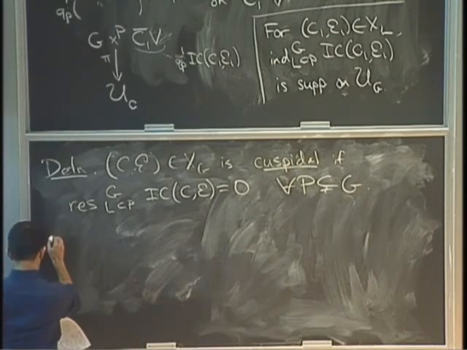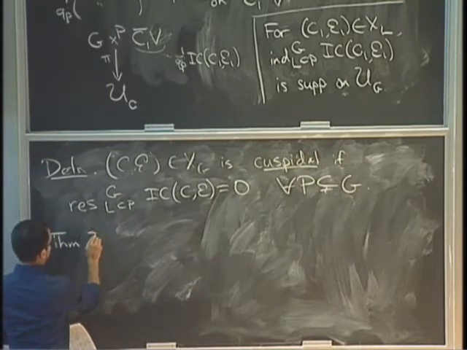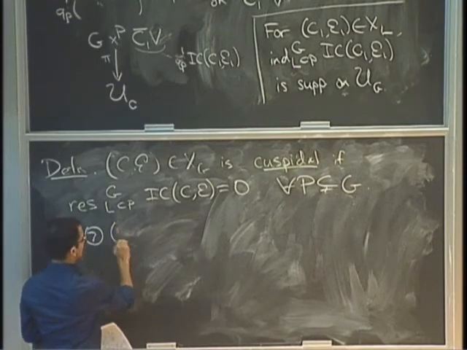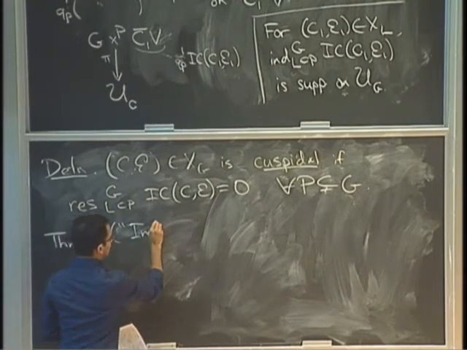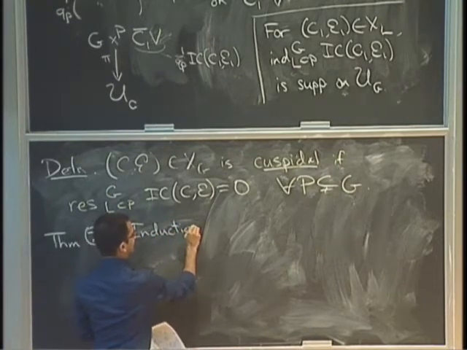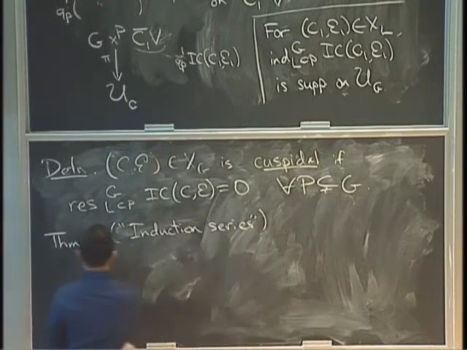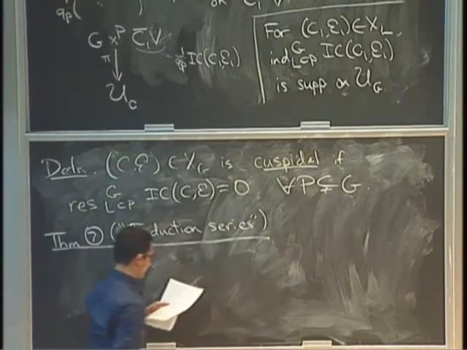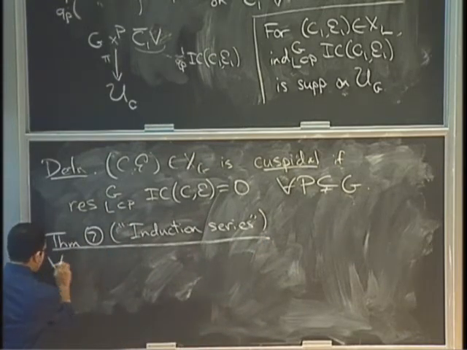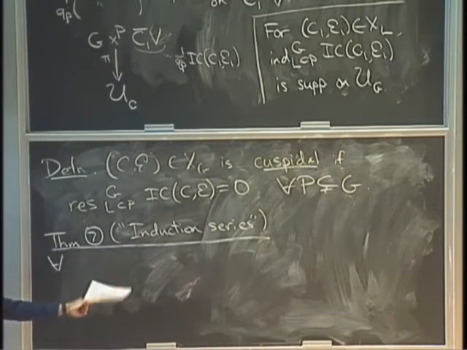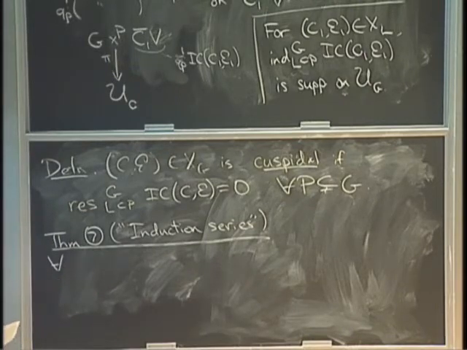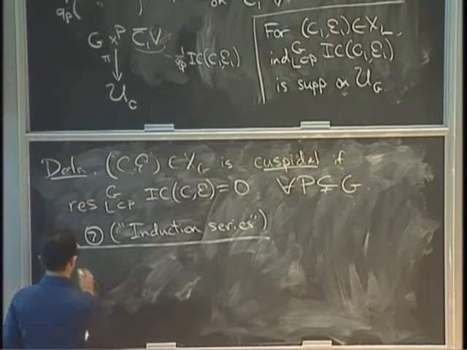So here's the next theorem, theorem 7. I'll call this the induction series theorem. The induction series theorem is going to say that every pair arises as induction from a cuspidal thing in a unique way.